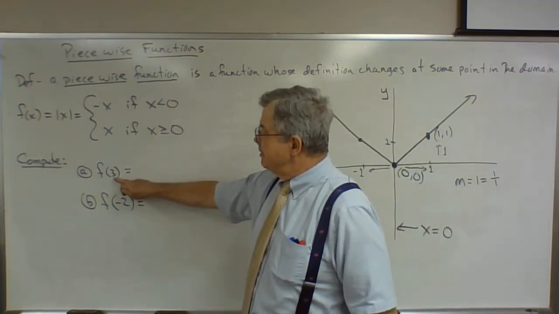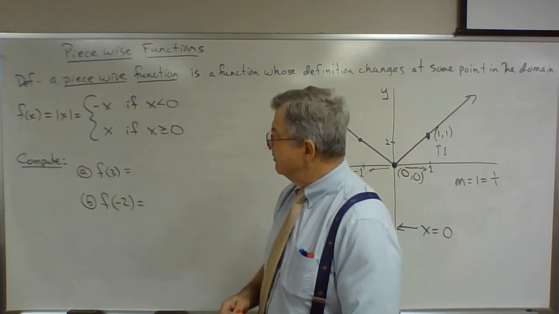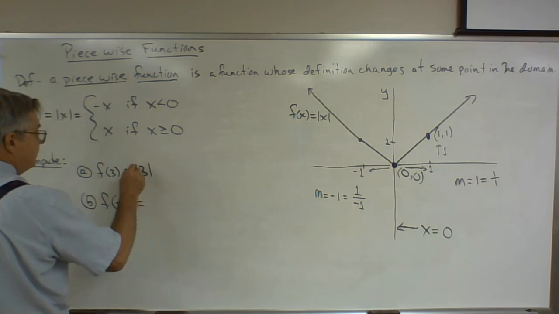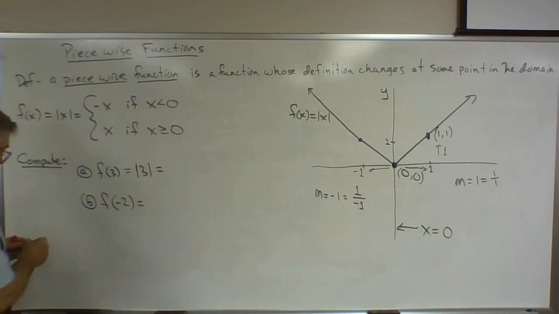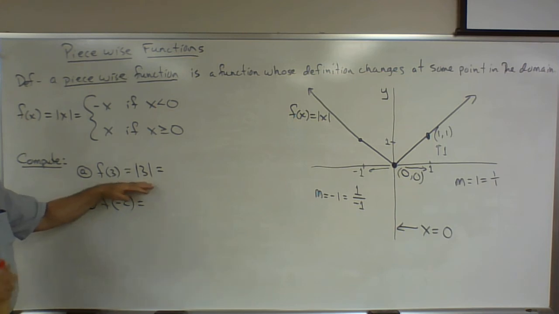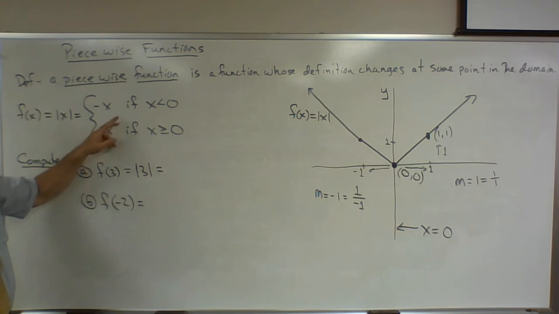I want to compute f evaluated at 3. So that's the absolute value of 3. And we know what we should come out with. We know how the absolute value function works. But let's just use this definition.